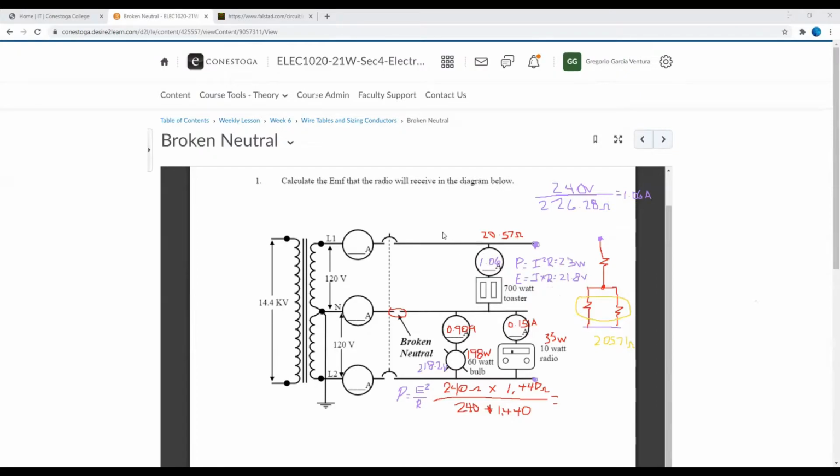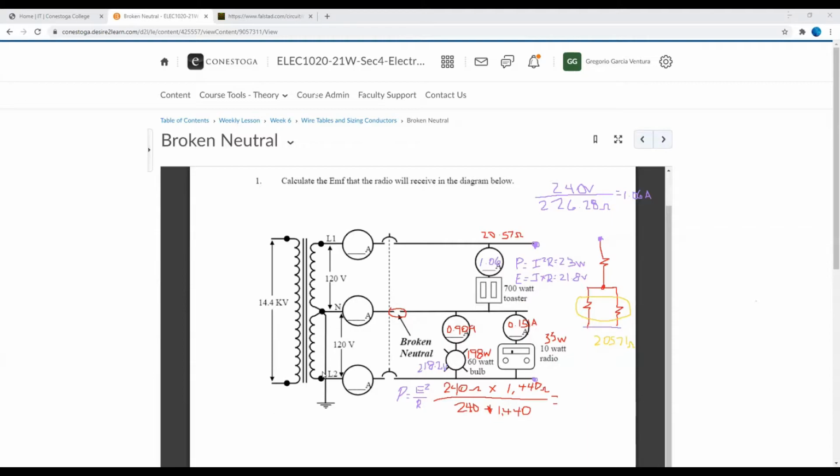So what I wanted to show you before I got into explaining this problem, and the reason why we are doing this problem, and the reason why this is in that little green book, is because we want to make you aware of why we use systems with 240 volts. You may wonder why we use 240 volts even if, when we lose the neutral, it's going to be a complication.